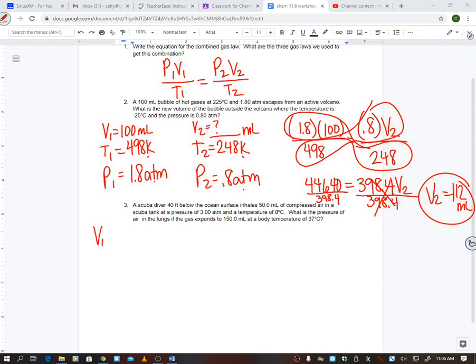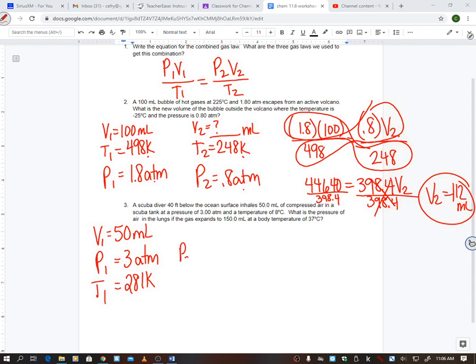So let's see here, V1 is going to be 50 milliliters of compressed air in a scuba tank at a pressure of 3 atm and a temperature of 8 degrees Celsius, but I have to add 273 to that to make it 281 Kelvin. What is the pressure?